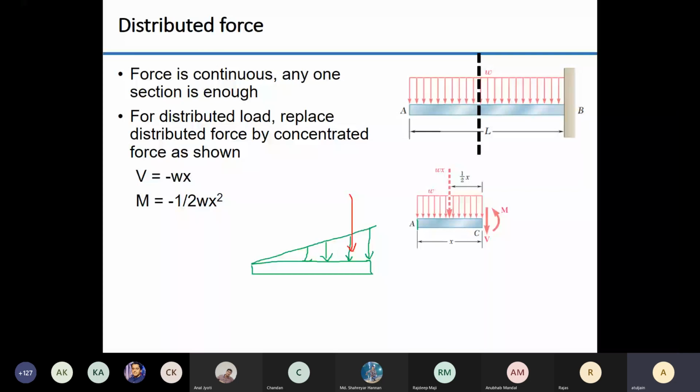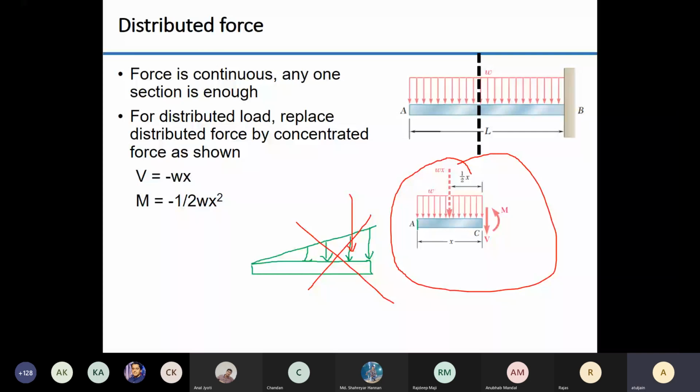For this course, it is not needed. For a uniformly distributed load where it was W everywhere, the centroid is the midpoint. If it was a triangle, then I would have to find the triangle centroid. If it was some other shape, I can always find the centroid, but for this course, only focus on this case. Okay, thank you, sir.